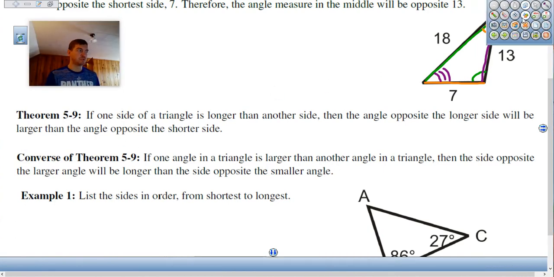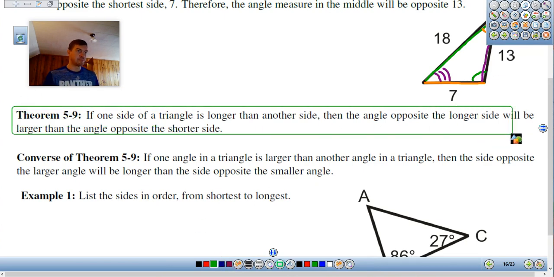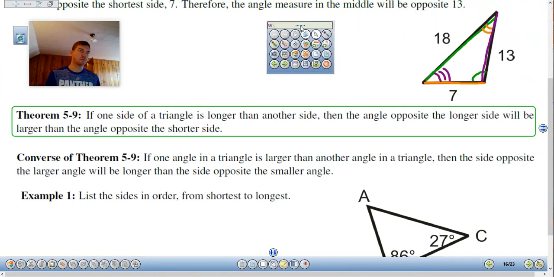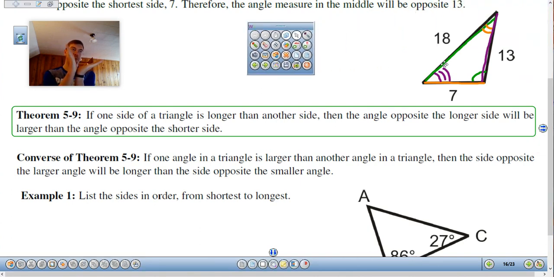And that's what these two theorems say here. One of them is theorem 5.9. If one side of a triangle is longer than another side, then the angle opposite the longer side will be larger than the angle opposite the shorter side. One way of thinking of that is the angle, if you think of it as like a mouth, it kind of eats that other side.